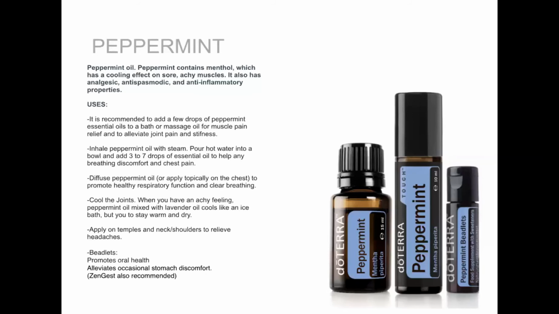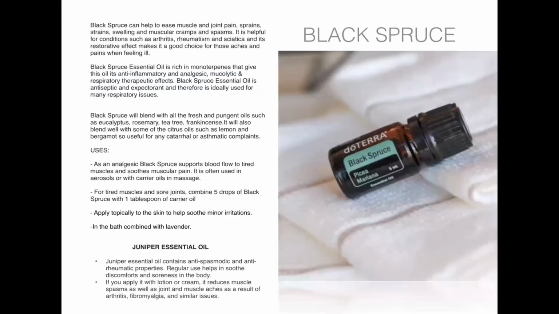The next oil is black spruce. Now, black spruce can be used to ease muscle and joint pain, any sensation of swelling, if you suffer from cramps or spasms. It is used a lot in arthritis, rheumatism, sciatica, and is very soothing as well.